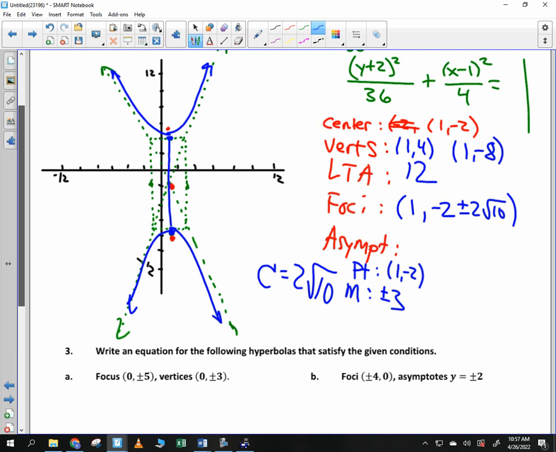So therefore, my equation is y plus 2 is equal to plus or minus 3 times x minus 1. Leave it. So it's a rise of 6. It's a run of 2. 6 over 2 is 3.